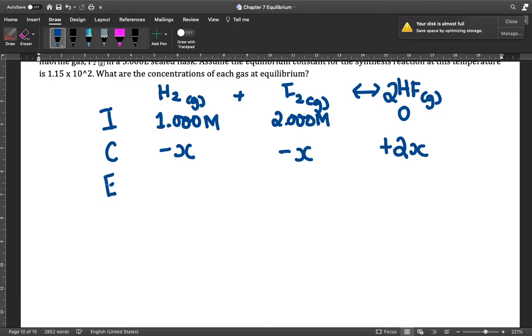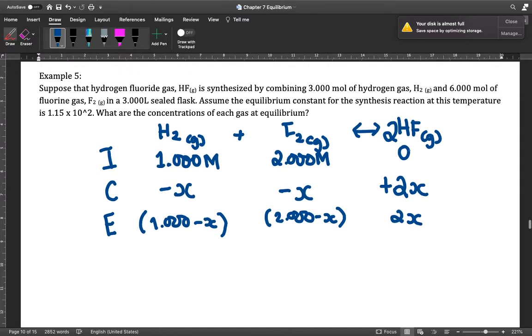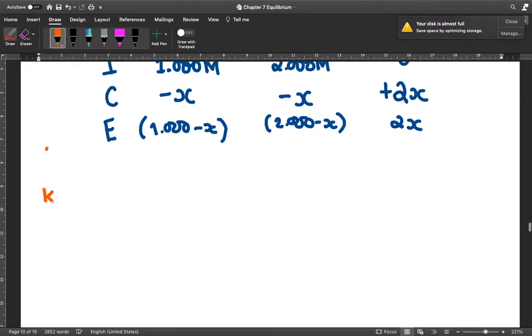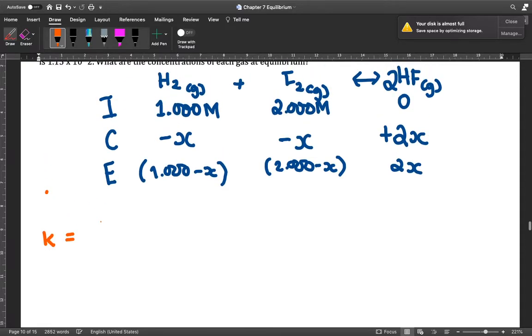And at equilibrium, I'm going to write my expression as 1.000 minus x. F2 is going to be 2.000 minus x, and HF is going to be 2x. Again, I'm going to go off of this to write my K formula. So K is equal to the concentration of HF squared, because it has a coefficient of 2, divided by the concentration of H2 times the concentration of F2.